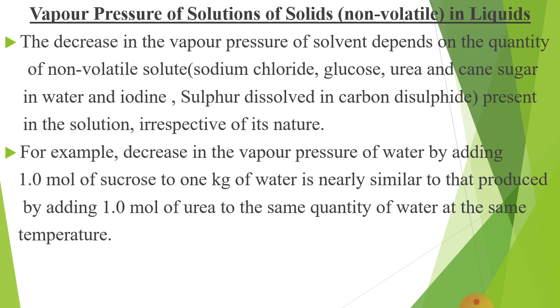The common non-volatile solutes are glucose, urea and cane sugar. The formula of glucose is C6H12O6, urea is NH2CONH2, and cane sugar, also known as sucrose, home sugar or table sugar, is C12H22O11, in water, and iodine and sulfur dissolve in carbon disulfide, CS2.